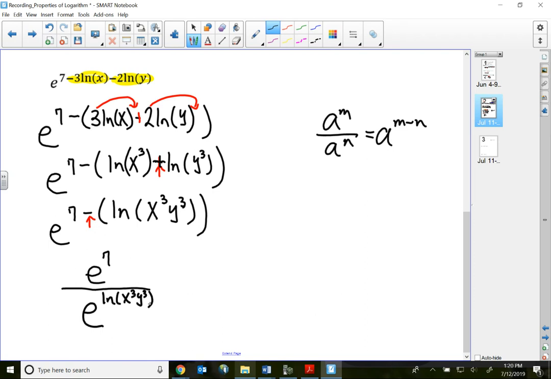I'm using this quotient rule backwards. Okay. And we learned before natural log and e do kind of cancel each other out. Therefore, my final answer is going to be e to the 7 over x to the third, y to the third. All right. Let's check out other ones.